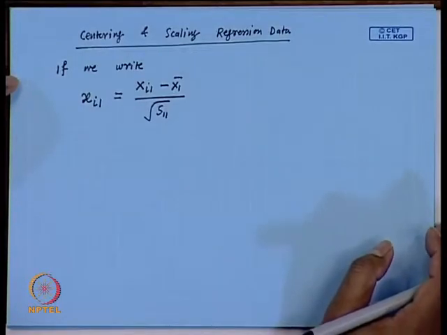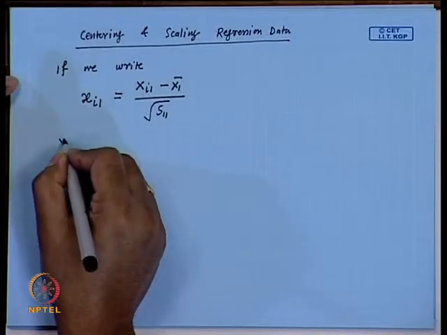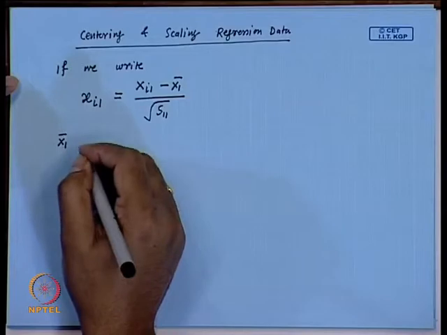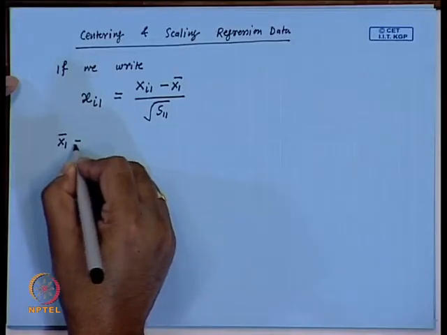So, let me tell what this notation is. x1 bar, of course, is the mean associated with the first regressor.